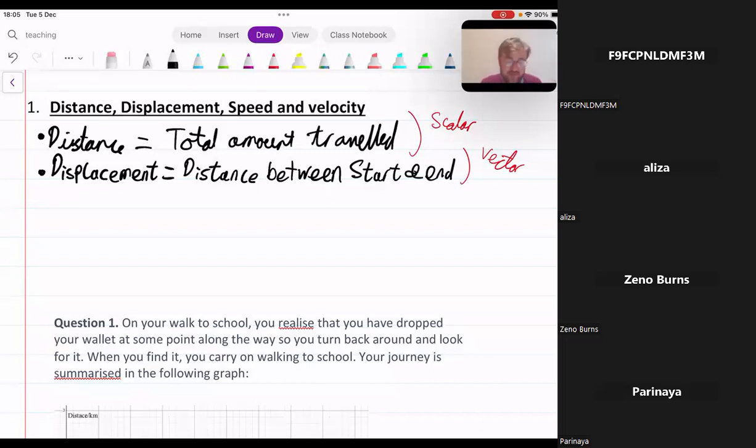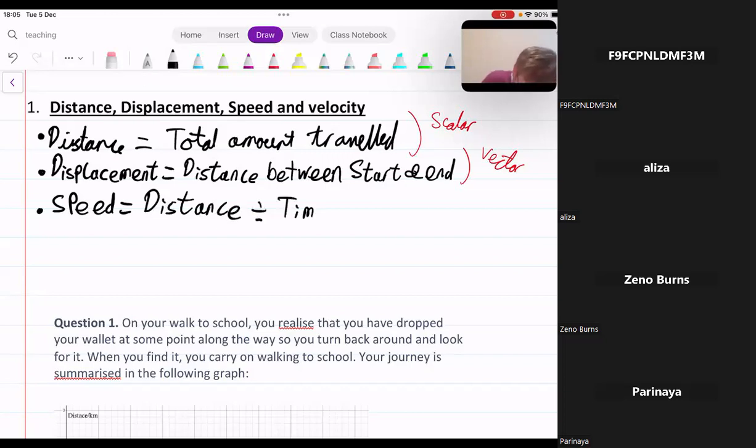And to accompany these are words you may have heard before and are often used interchangeably in everyday life. The first of these is speed. This is equal to the distance traveled divided by the time taken to get there.